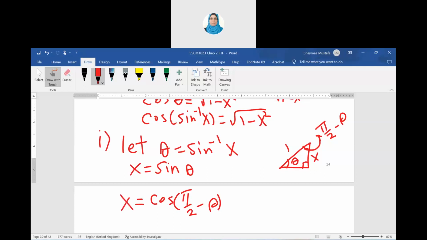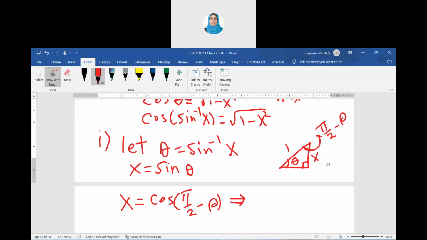Why? Because the cosine of this angle is the adjacent for this angle over hypotenuse. So the sine of theta should be equal to cosine of pi over 2 minus theta. So cos of pi over 2 minus theta is equal to x.